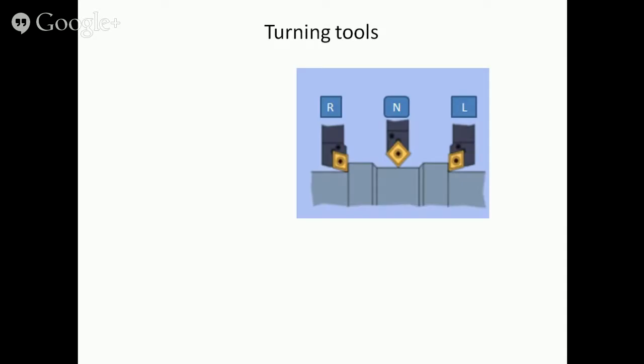Regarding the position of the turning tool relative to the workpiece, three types can be distinguished: the right turning tool, a neutral turning tool, and a left turning tool.